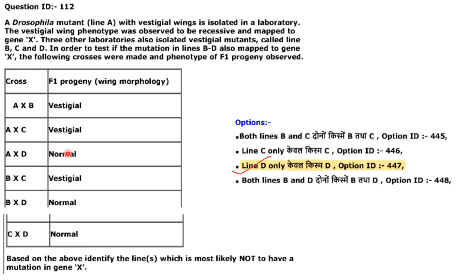That means when D is crossed with a mutant, you get only a normal phenotype. So D does not have any mutation in gene X. So the answer here is option D, that is C, line D only.